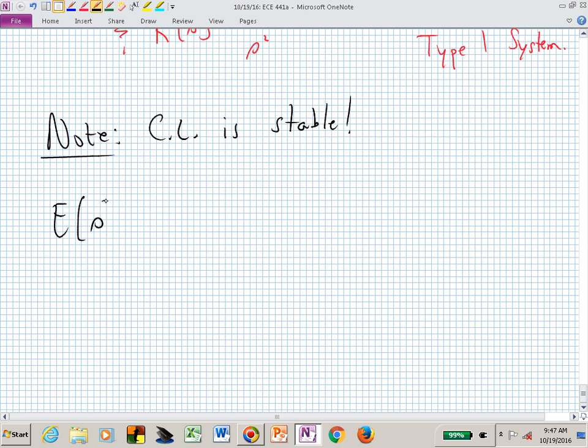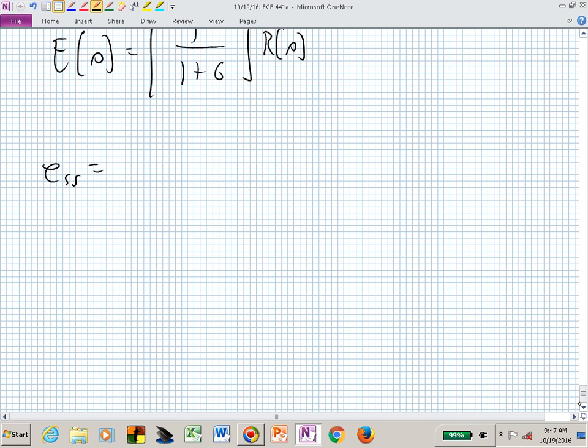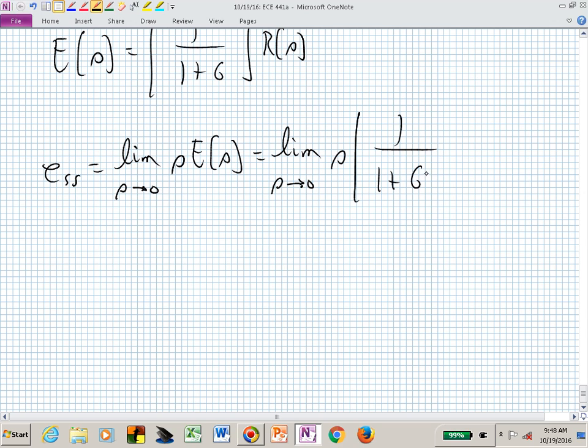The expression for our error is still the same: E of S is 1 over 1 plus G times R of S. In this case, our steady state error is the limit as S goes to 0 of S E of S. That's the limit as S goes to 0 of S times 1 over 1 plus, let's say, G of S. Let's keep that in there for now.